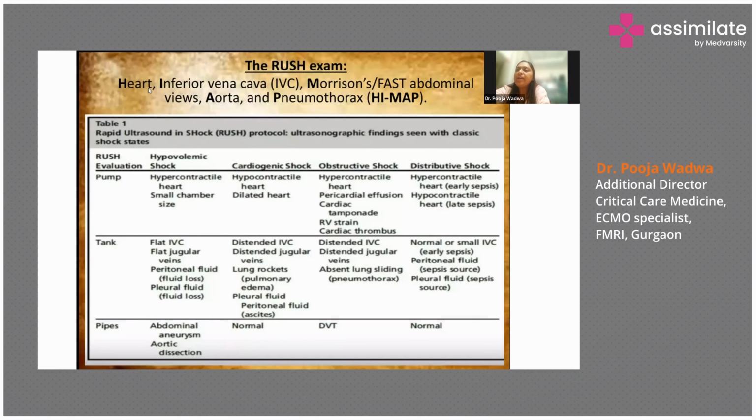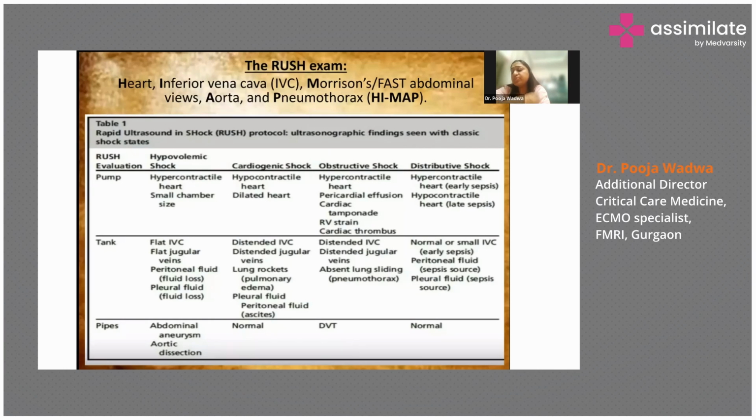So you divide everything, please see the previous slide, into 3 parts. Pump, which means the heart, so you scan the heart. Then you scan the tank, which means the vessels which store a large amount of blood, like the IVC.